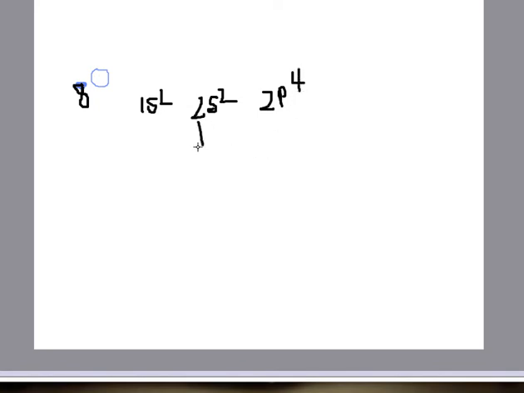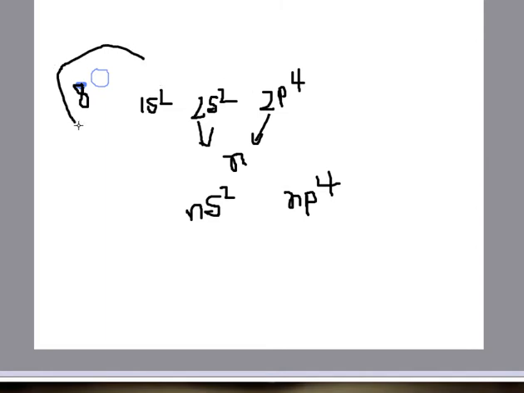Now this 2 is actually the n, and it satisfies the condition n as 2, ns2 np4. So this oxygen resides in the p block and group 16. I think it is clear.